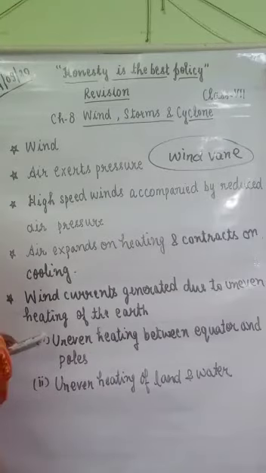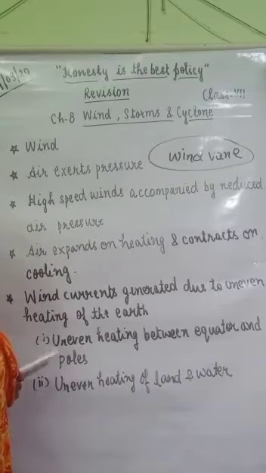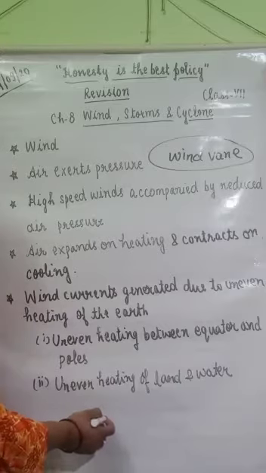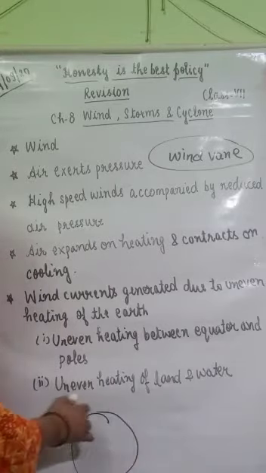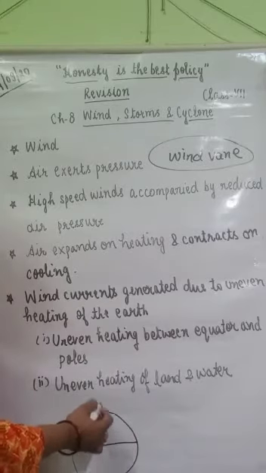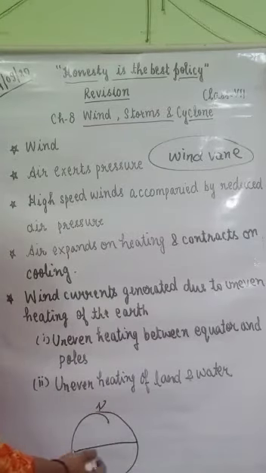You know that the equator gets maximum heat from the sun, so this region gets warm, and the warm air rises, and the cooler air from the regions in the 0 degree to 30 degree latitude moves in. This is the globe. This is the equator, and here are the North Pole and South Pole.